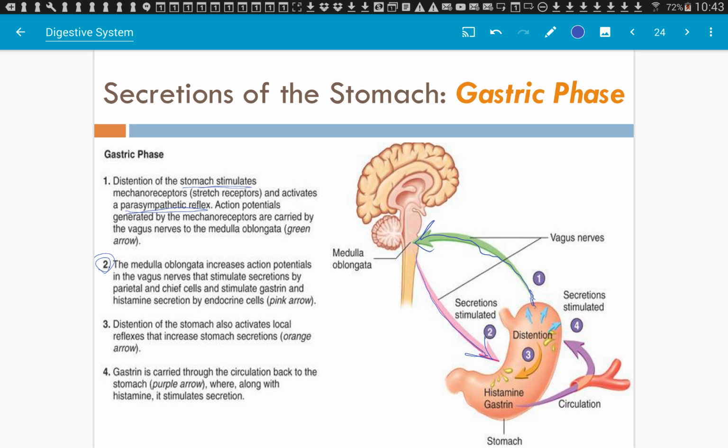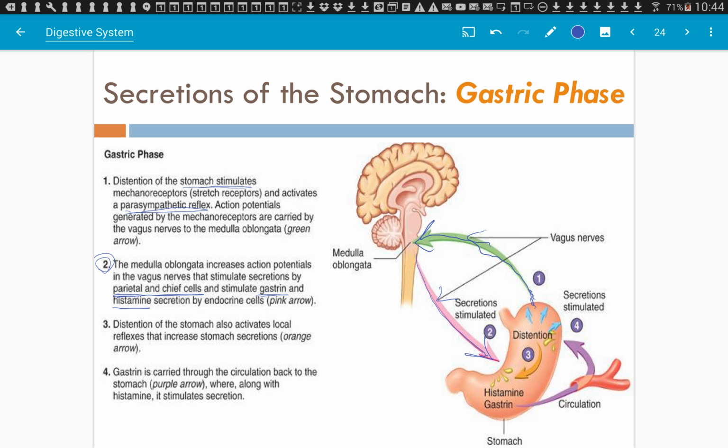When you're studying, read through these really carefully. So the vagus nerve, it shows it. The vagus nerve is sending signals to the medulla oblongata and then sending signals back out. And from the medulla oblongata, it is stimulating the parietal and chief cells and also stimulating gastrin and histamine secretion.